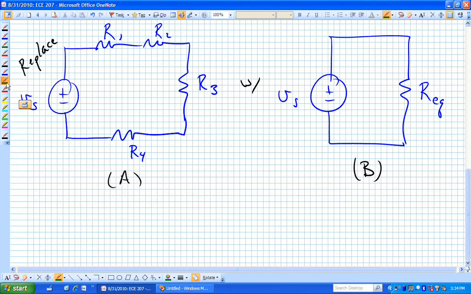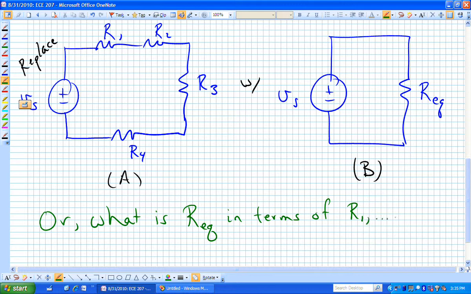Another way of phrasing that would be, what is R equivalent in terms of R sub 1 through R sub 4?